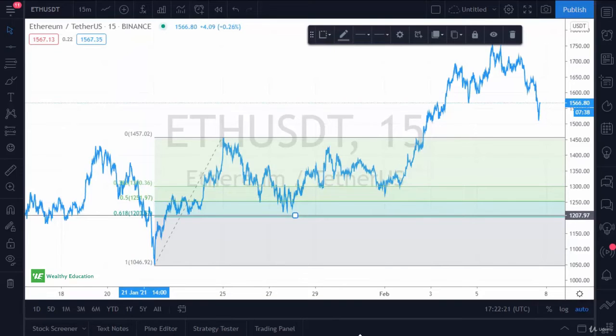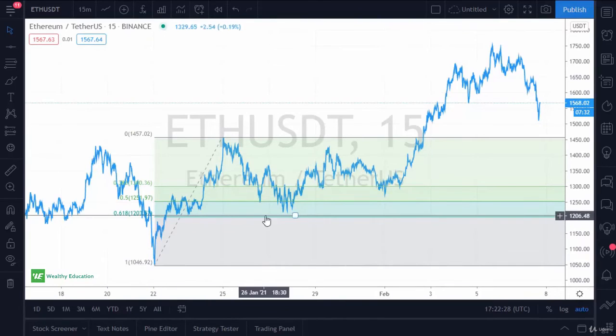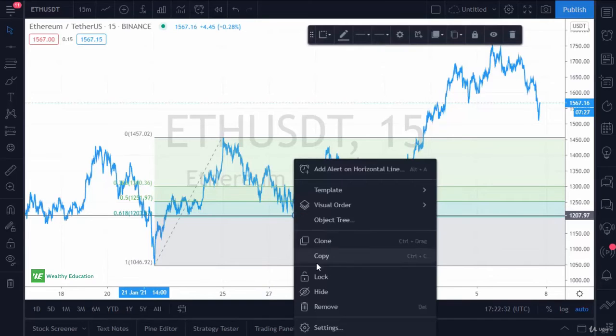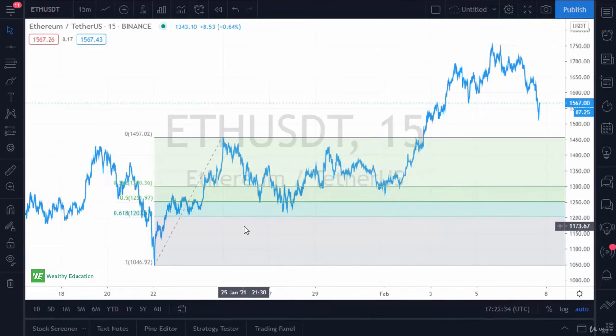There's support there anyways. You can see that it had been supported multiple times. So with the 50% or 61.8% Fibonacci retracement level and that support level, it's kind of hard to think that it would have been a bad trade. Even on a 15-minute chart, you can see these things kind of come into play.